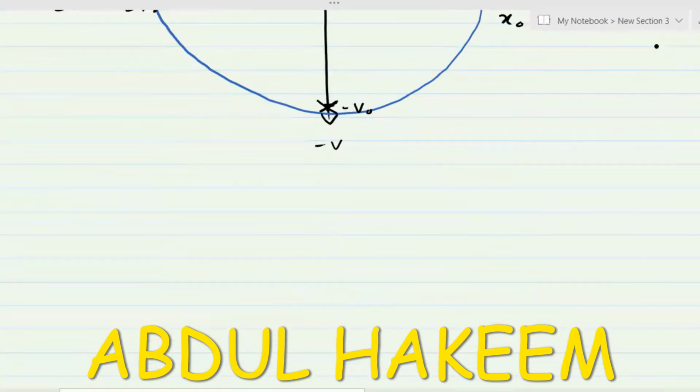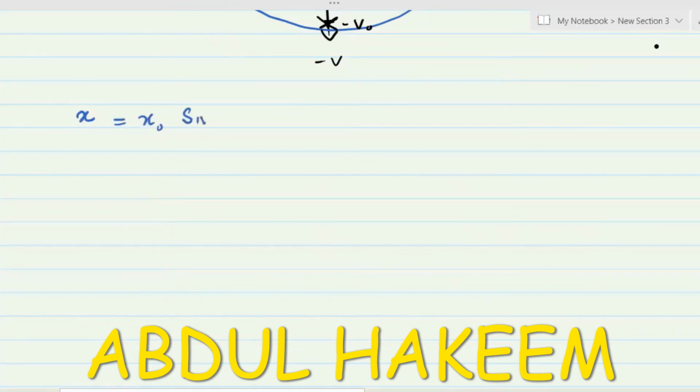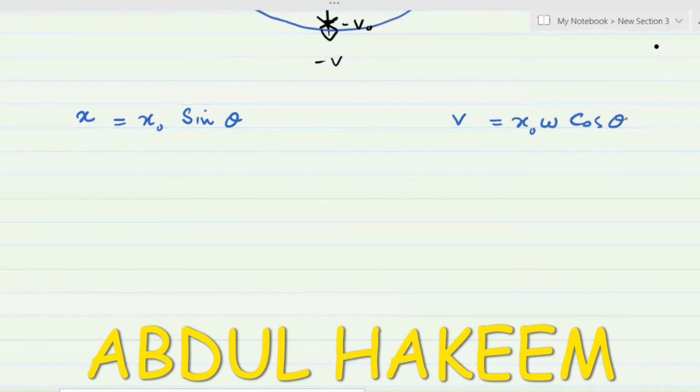First graph was between displacement and time, and its equation was x is equal to x naught sine theta. And the second graph is between velocity and time, and its equation is v is equal to x naught omega cos theta, or cos omega t.